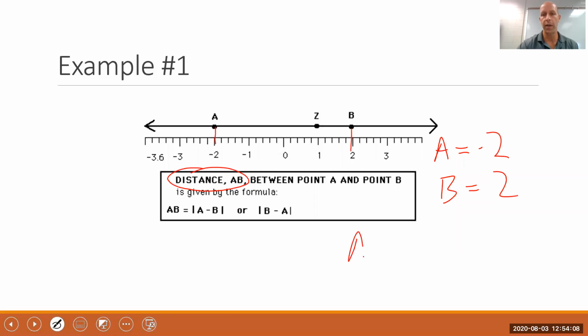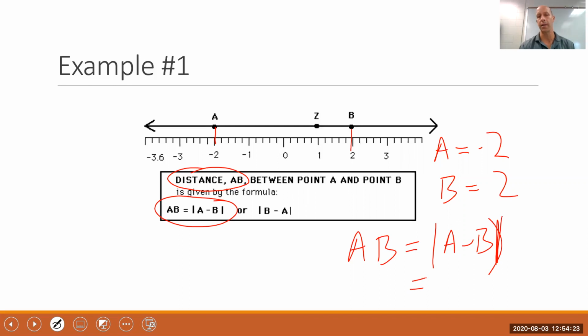To find the length of AB, we use the distance formula, which you may have seen in Algebra 1: the length from A to B is the absolute value, so you make it positive whatever it is.